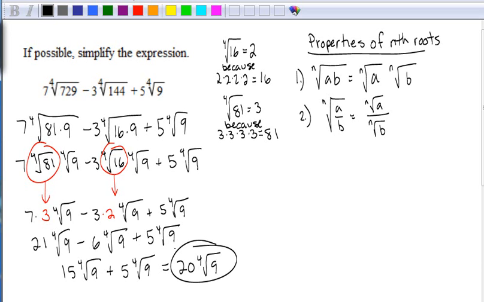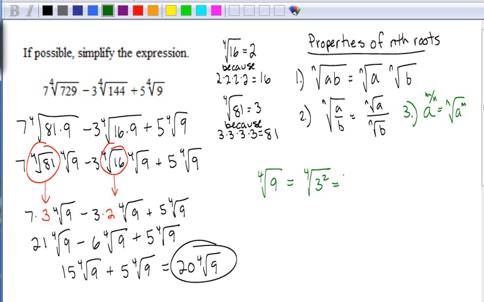What they did is they realized that the fourth root of 9, let's talk about the fourth root of 9, is the same as the fourth root of 3 squared. And we can rewrite this using the third property in one of these sections. If you had m over n, we know that's the nth root of a to the m.